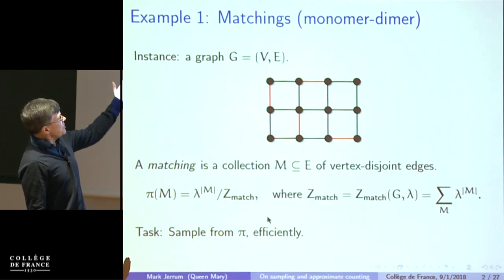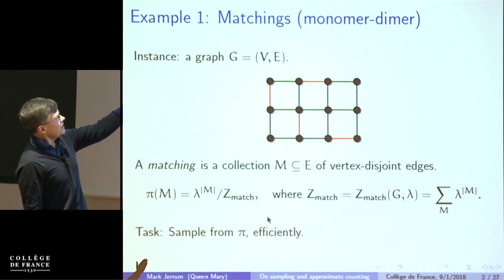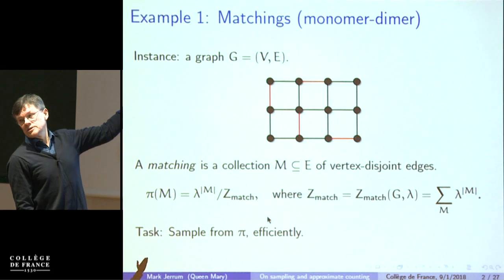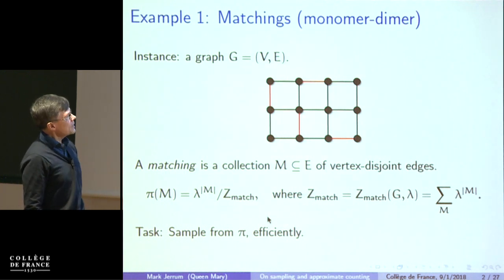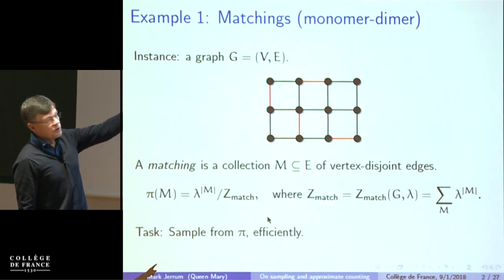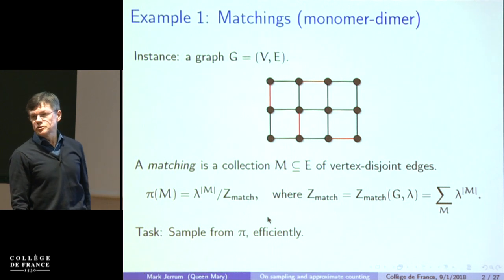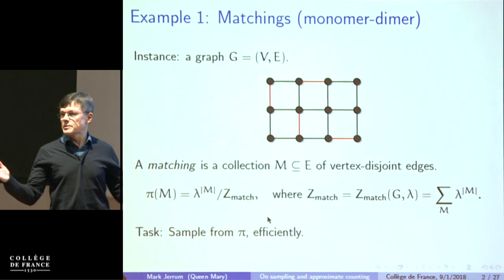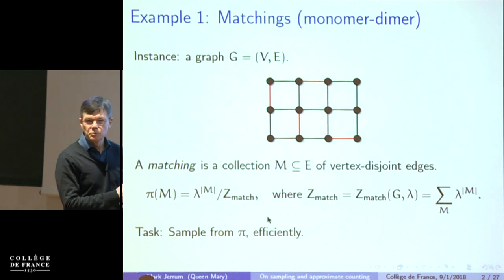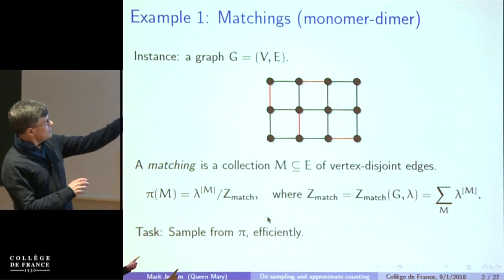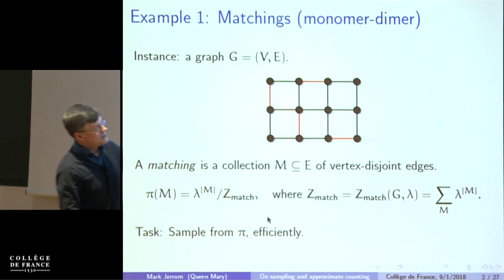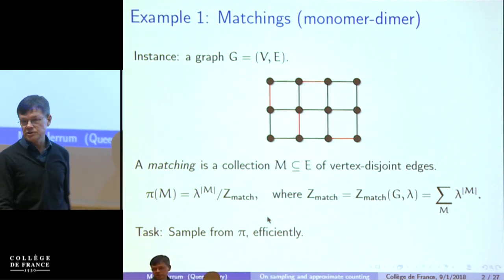We're interested in the probability distribution which makes the probability of being at a matching proportional to lambda to the cardinality. And this quantity on the bottom is what you need to make it into a probability distribution. If it's a probability distribution, you want everything to sum to 1, so you need to divide through by the sum of the weights of all the matchings.